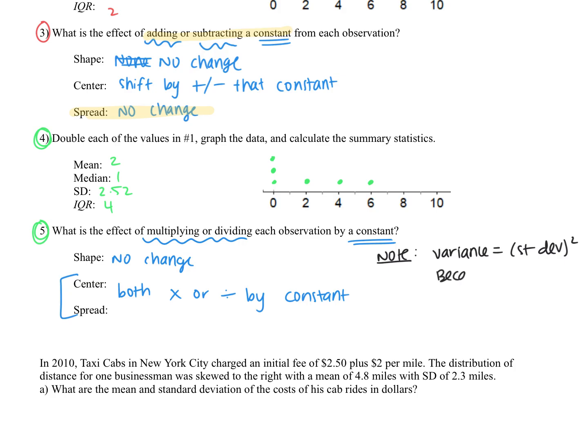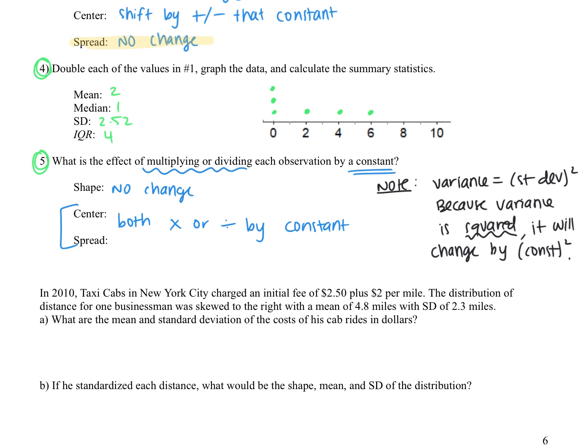Because variance is squared, if I were to ask you how would the variance change, it will change by the constant squared. So if we double all of the values, the variance will actually get bigger by 4.